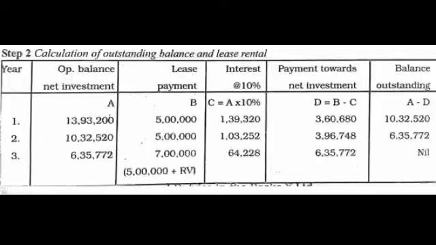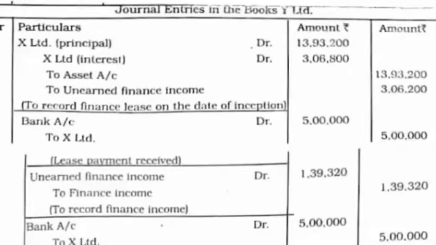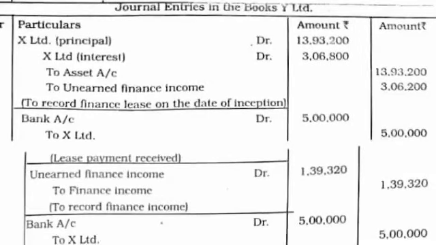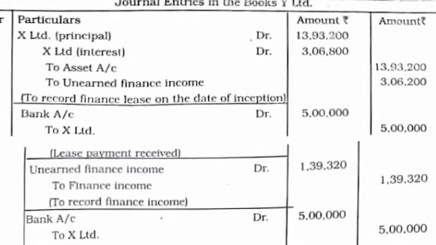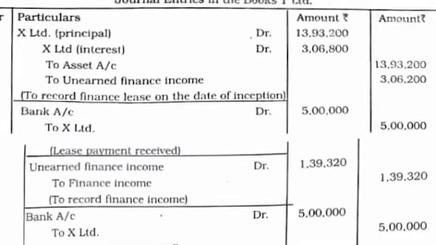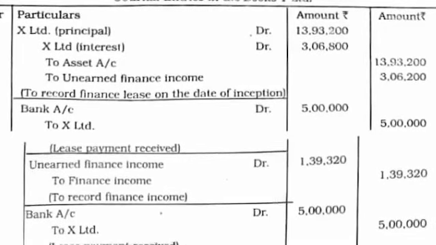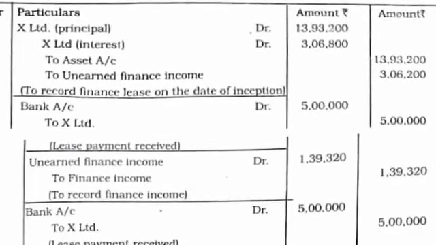Then we want to discuss the journal entries in the books of Y Limited. These values are shown in the journal entries, entered into the books of accounts of Y Limited. The first entry to record the finance lease: X Limited account debtor for principal amount, X Limited account debtor for interest amount, to asset account, to unearned financial income.